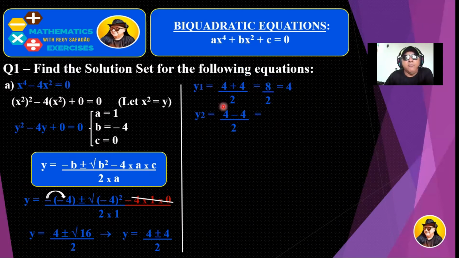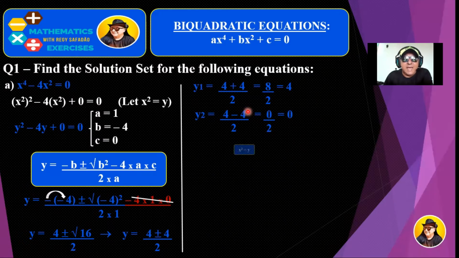And next, 4 minus 4 is 0, and 0 over 2, well, let's imagine the situation. It's strange, but it is. If I have nothing to divide between you and me, both of us will get nothing. So 0 divided by 2 is 0.